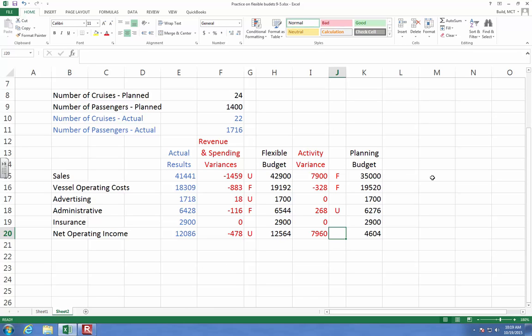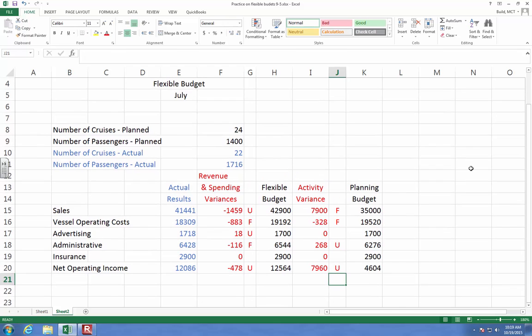And your planning budget. So what do these variances mean? Who am I going to hold accountable in the responsibility accounting piece of this? What is your net operating for that one? Sorry, other way around. That should be favorable, my bad.